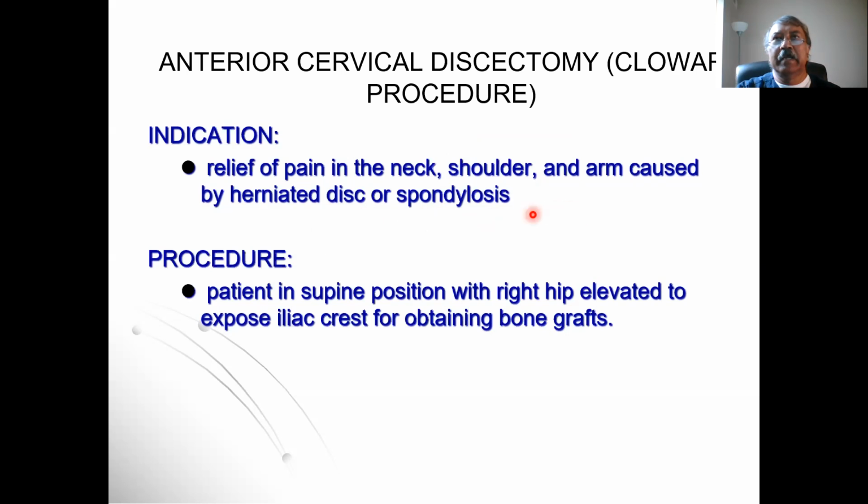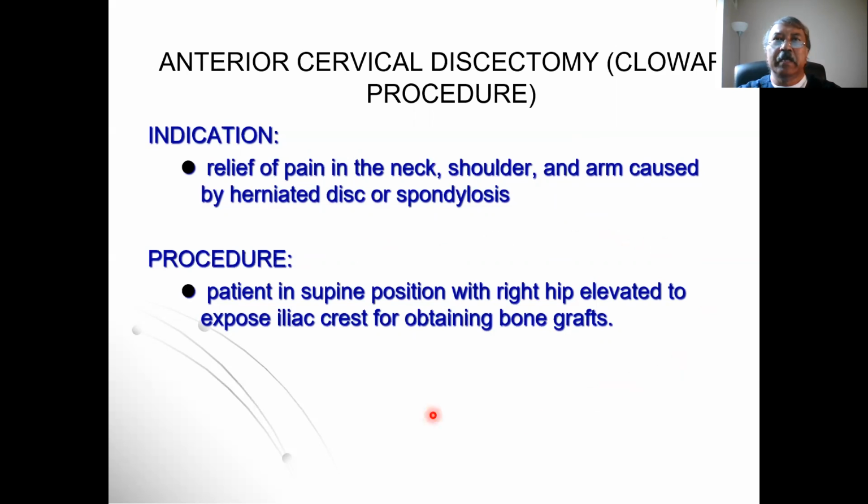So that herniated disc or spondylosis, a condition of the spinal cord and the vertebral structure itself, can be fixed by removing the disc area and by removing the process here. The anterior part can be approached in the supine position.